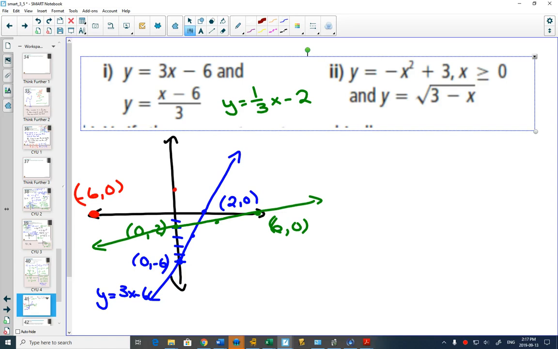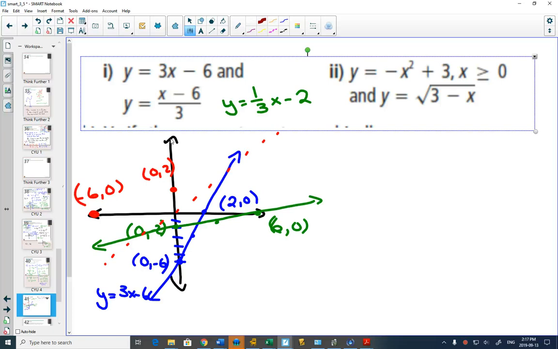Do I have 0, 2? No. You might even say it's quite obvious that the blue graph is not a reflection. If you reflect the blue graph over that diagonal line, it does not match up with the green graph. So that is how you could verify something graphically.